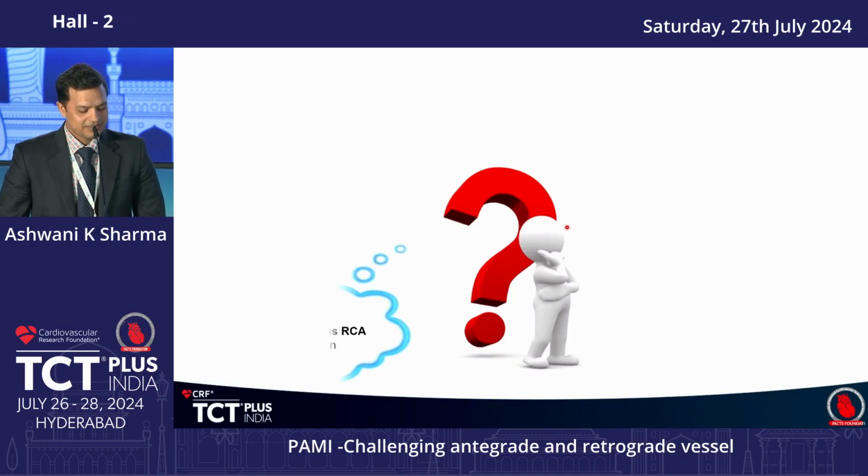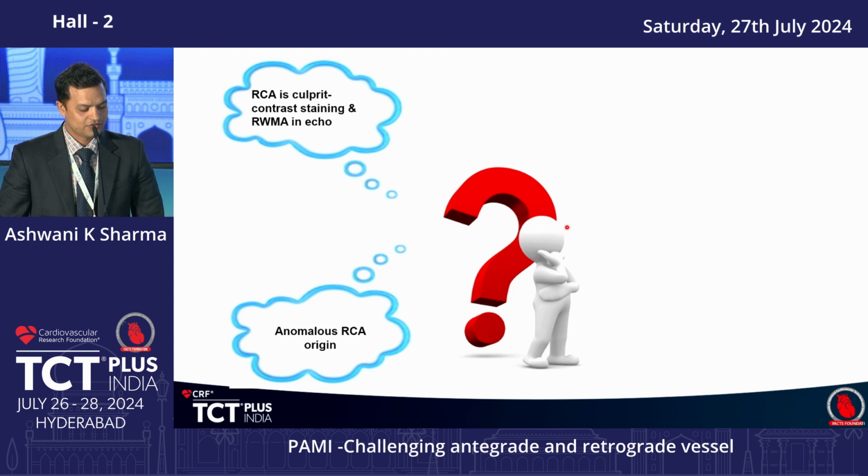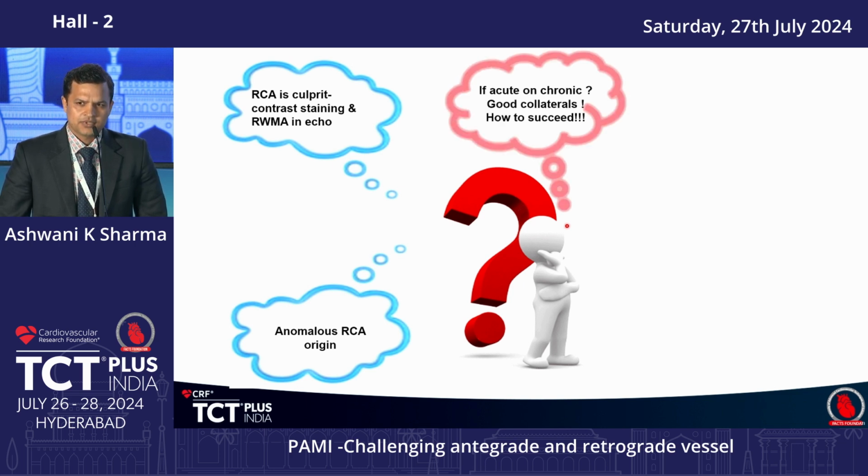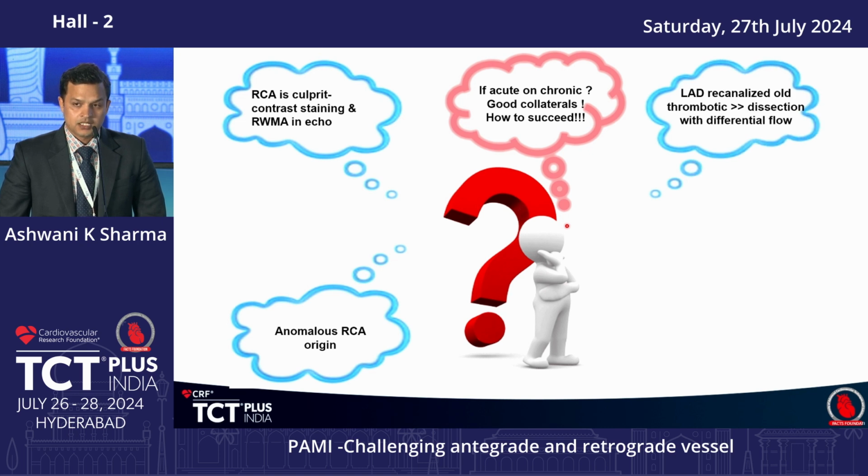So in this patient with anomalous RCA and difficult course, the RCA was the culprit lesion. However, it appeared to be acute on chronic, with good collaterals, and not only collaterals to the RCA, it was also giving collaterals to the LAD. The LAD looks to me to be a recanalized vessel.